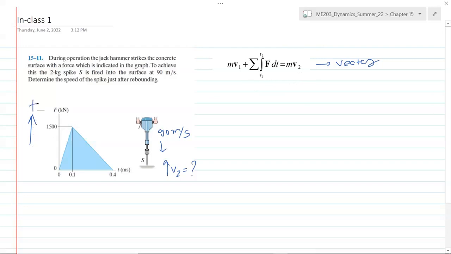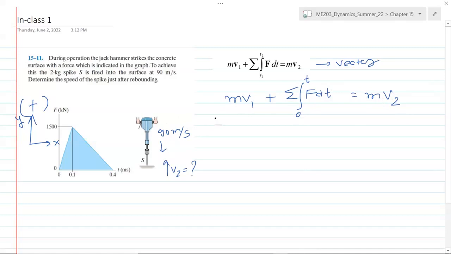We assume that any motion or force going up is positive. So we define our xyz coordinate system. X is horizontal, there is no motion in x, but y is vertical, and going up is positive. So let's write down the scalar version of this equation: mv1 plus the integral from 0 to t of sigma F dt equals mv2.